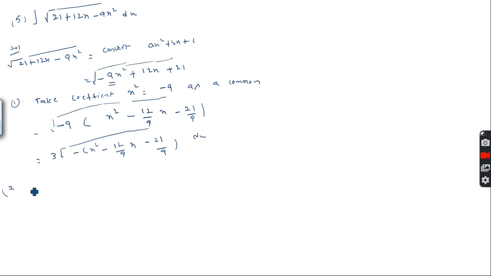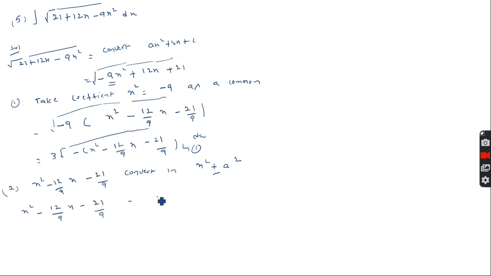Okay, step 2. What is step 2? Step 2: x square minus 12 by 9 x minus 21 by 9 can be converted into the x square plus or minus a square form. For that, we write x square minus 2ab.